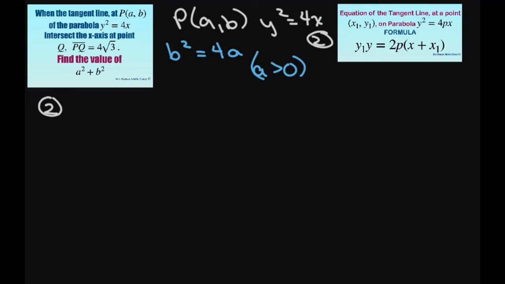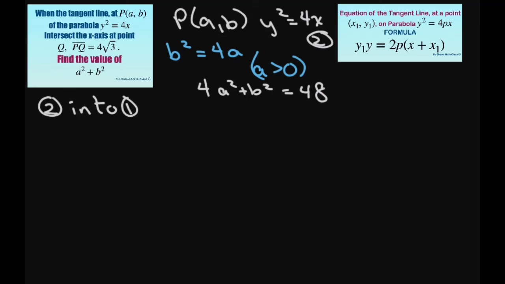Substituting 2 into 1, and equation 1 was, where is equation 1? I wrote it down, I forgot to label it. This one. So equation 1 is 4a squared plus b squared equals 48.